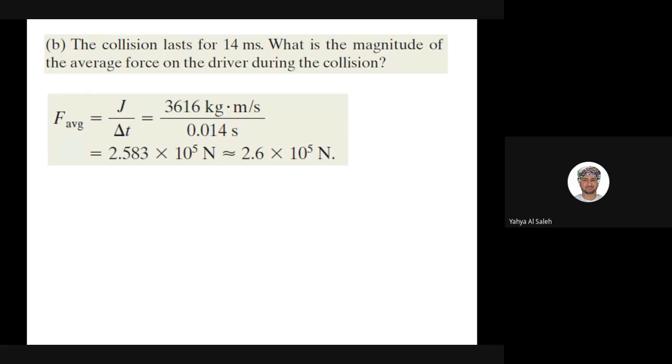So the force on my body would be 2.6 times 10 to the 5 newtons, which also means I am either dead or really, really badly hurt, because that amount of force on a human body is just crazy.